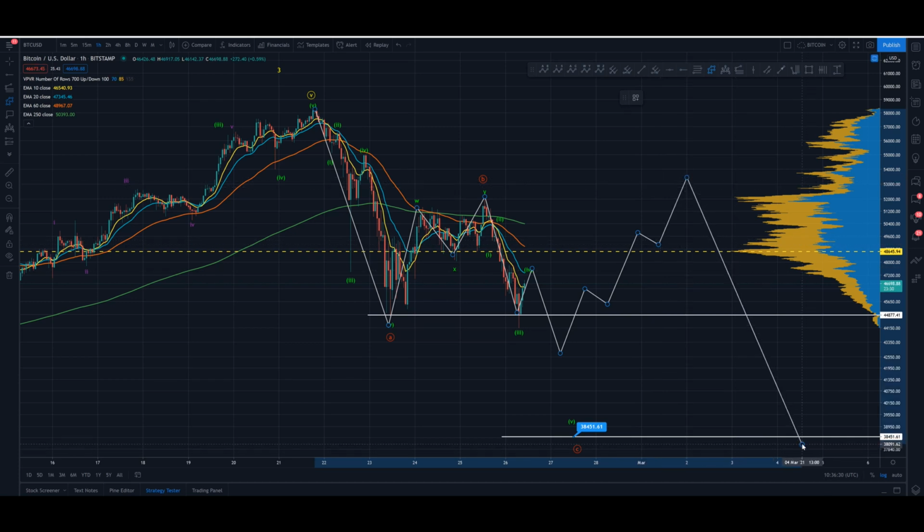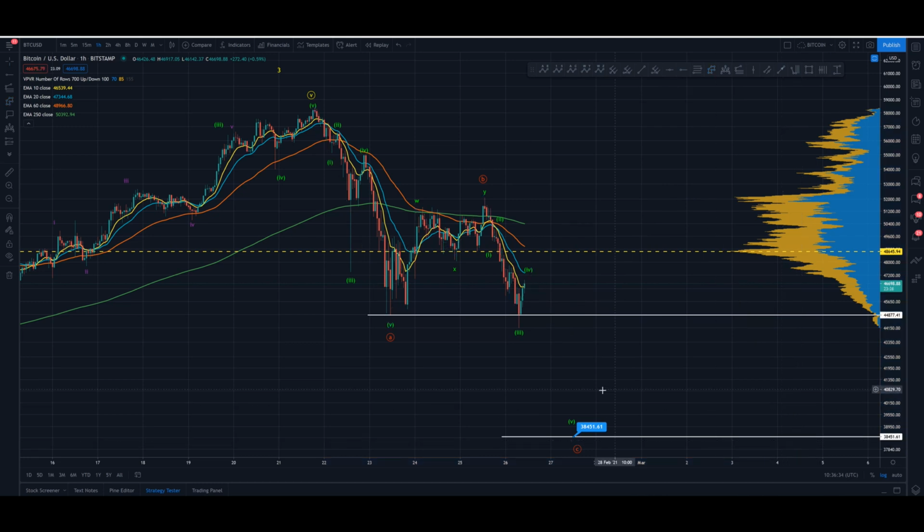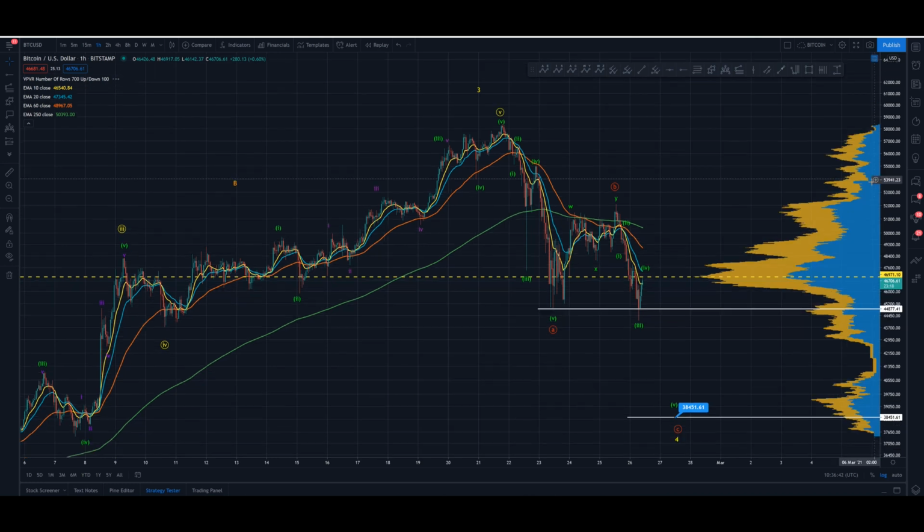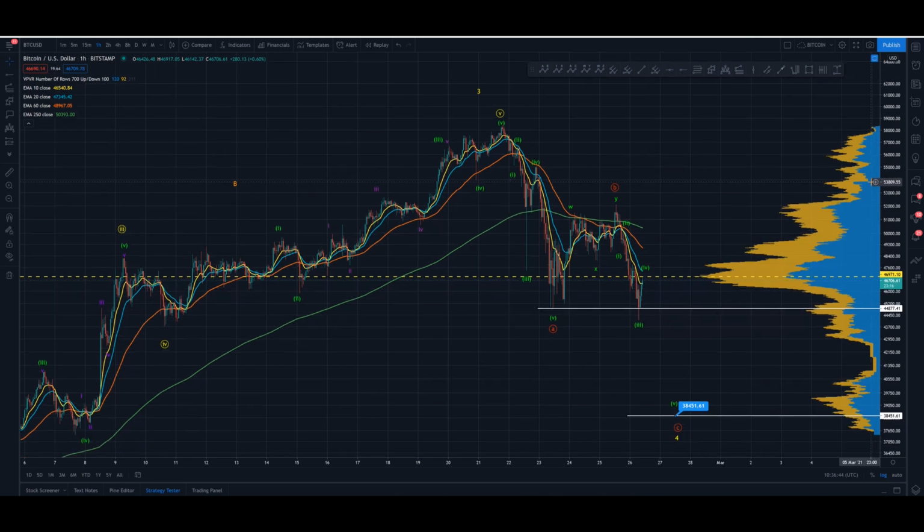I guess that's another way of looking at it. So let's keep things simple, because I feel like I'm waffling, and I'm sorry if I am. But with these volatile markets, things are just not that clear.